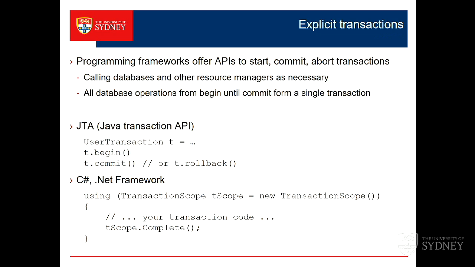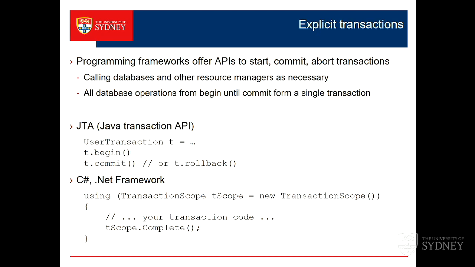How do we get transactions? Well, I might have a programming framework where there are verbs, API calls, whatever, which support transactions. So you say, I'm going to do a transaction now, start the transaction, commit the transaction. So in the Java world, we use this type of stuff here.